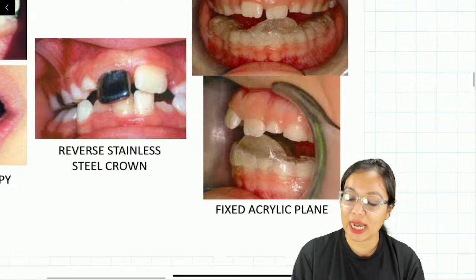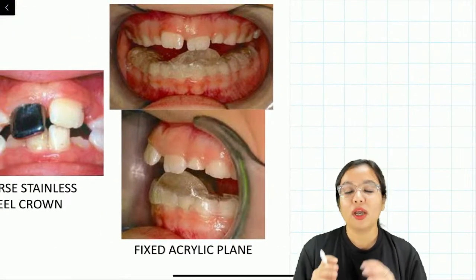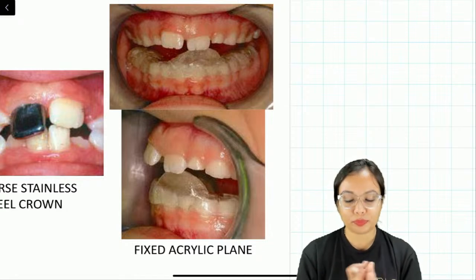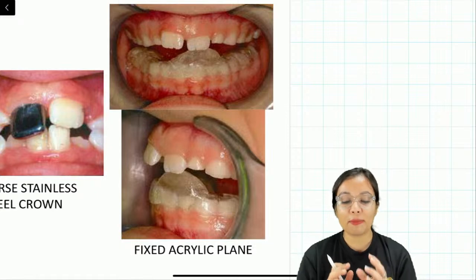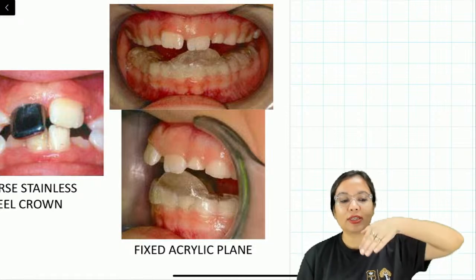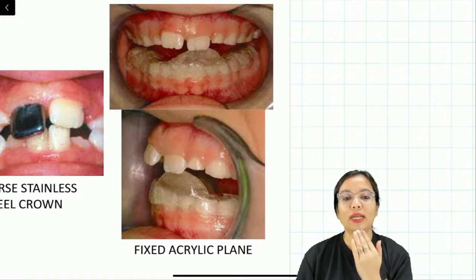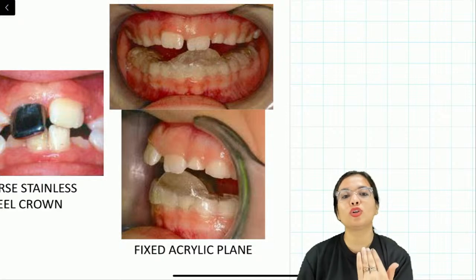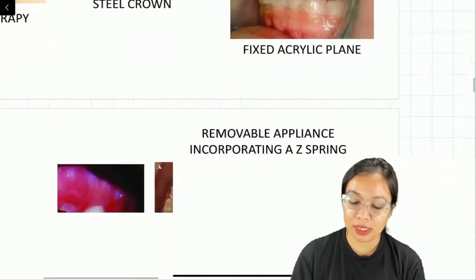Then we have the fixed acrylic plane, an anterior inclined plane. This opens the bite and slopes towards the front so that the growing incisor grows on the slope and comes in front of the mandibular teeth.